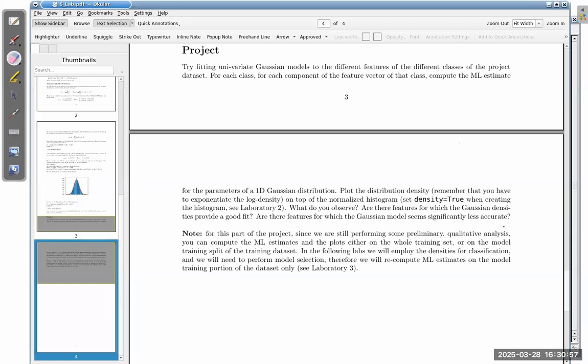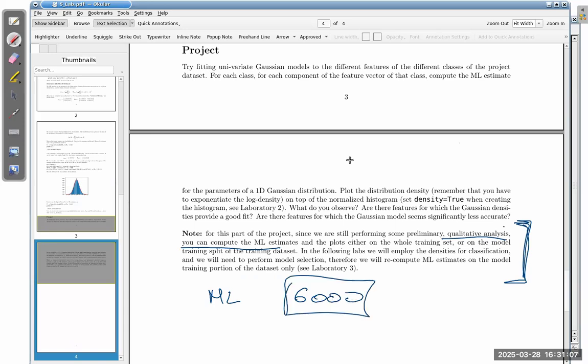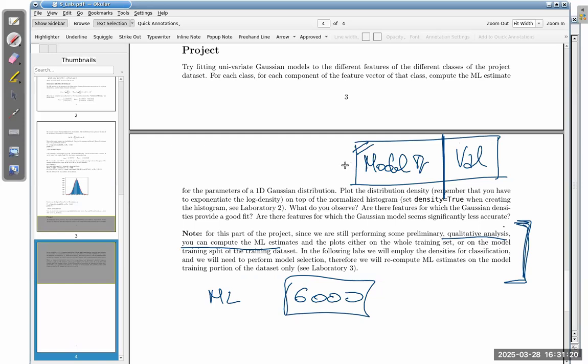Last word to say is, for the moment we are doing exploratory analysis, so we can compute the maximum likelihood estimate using all the samples of the dataset. From next week, we'll create Gaussian models for classification, and in that case, we will do as we did for LDA. We'll take only a subset of the data to learn the maximum likelihood estimates, and then we will use this to make predictions on the other part of the dataset.